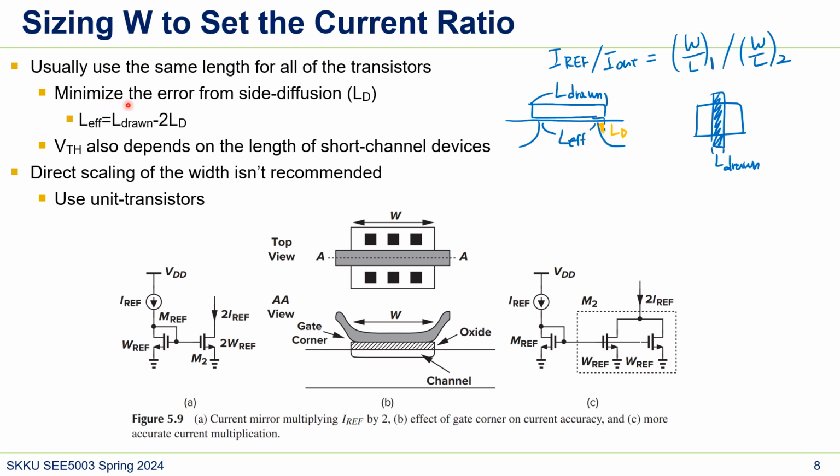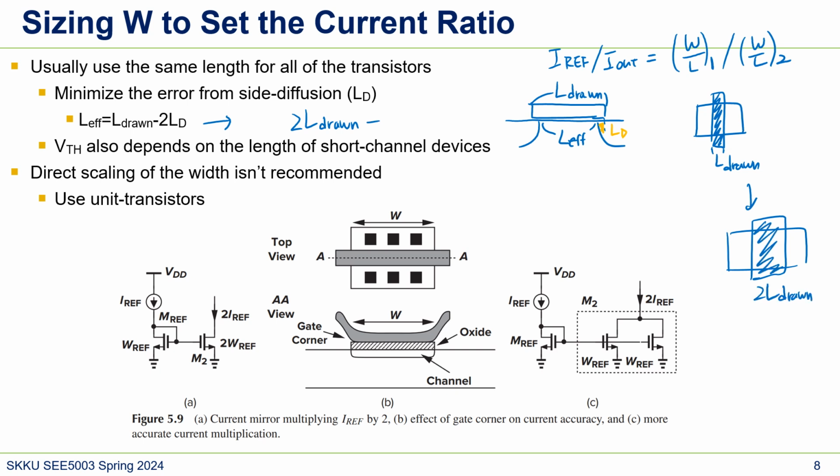So let's say we want to control the current ratio by changing L. Assuming we want to make it half the current by doubling L drawn, we draw L drawn double. So we make this 2L drawn.